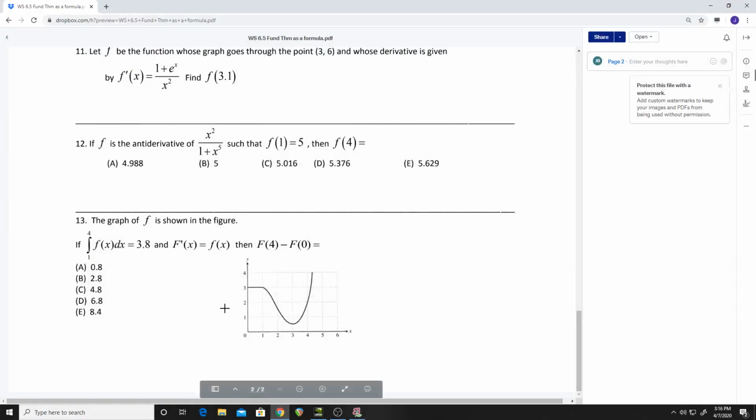So I'm going to do that first. Here's number 13 right here. It tells us the integral from 1 to 4. It tells us that big F prime, the derivative of big F, is little f. So little f is big F prime. And then it's asking us for F of 4 minus F of 0.